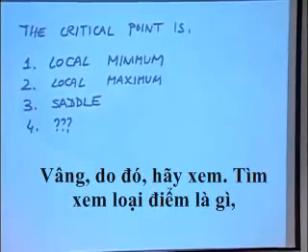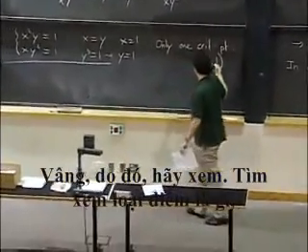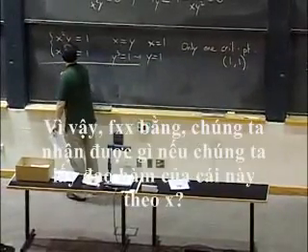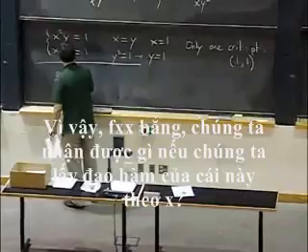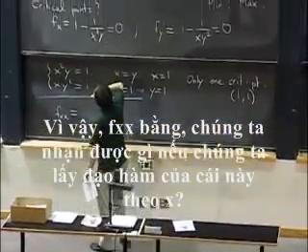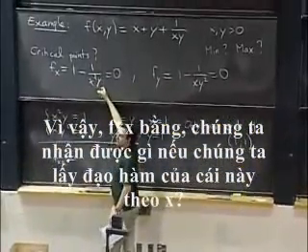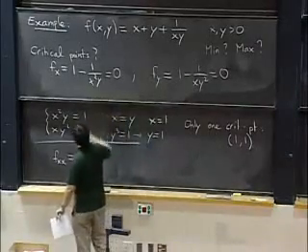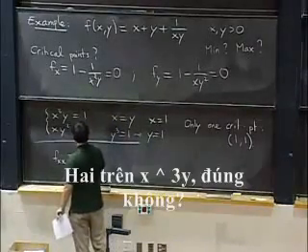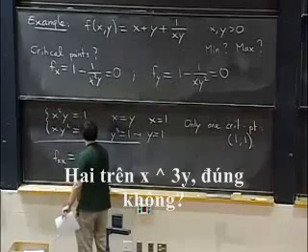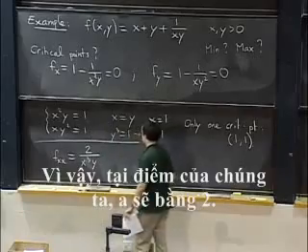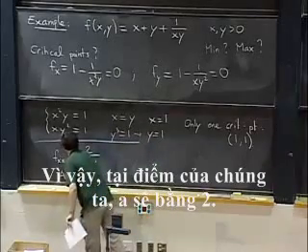Okay, so let's see. To figure out what type of point it is, we should compute the second partial derivatives. Okay, so f sub xx is, what do we get when we take the derivative of this with respect to x? 2 over x cubed y. So at our point, a will be 2.